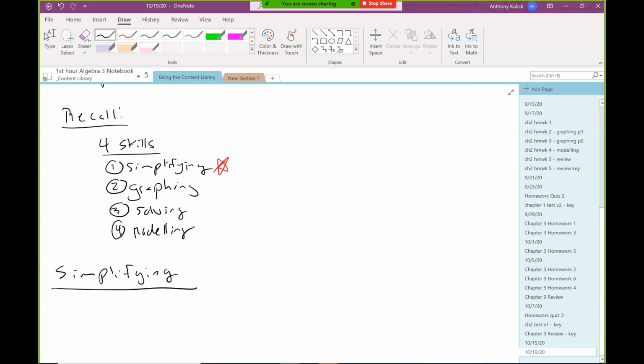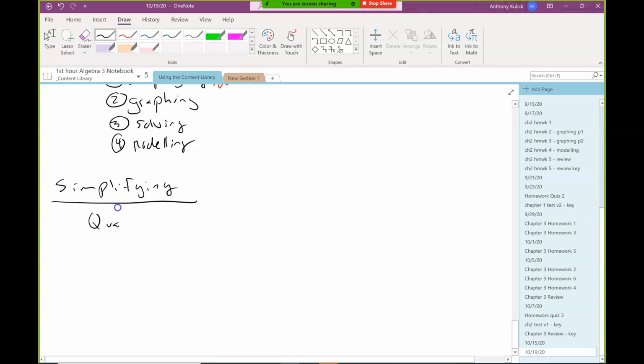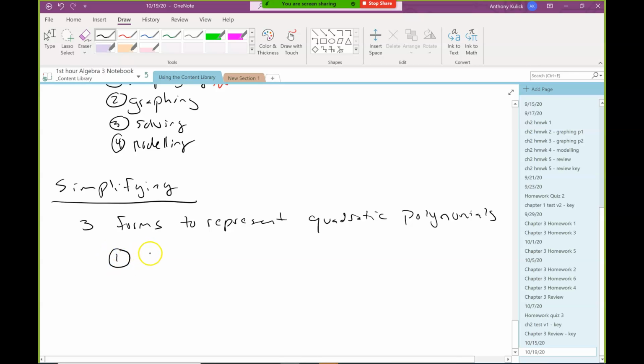So when we talk about quadratic polynomials, there are really 3 ways, or three forms, let's say, that we use to represent them. The first one is called standard form.